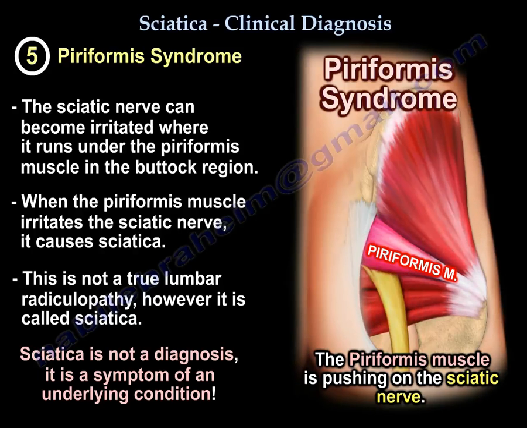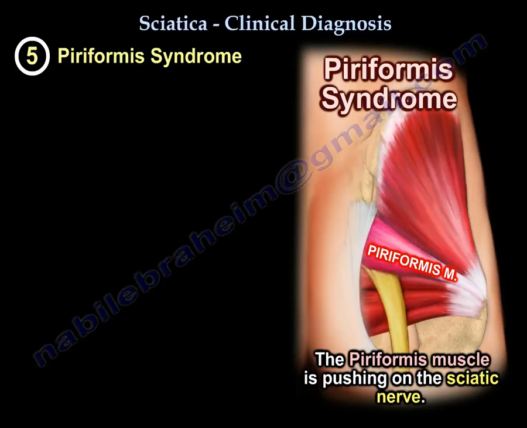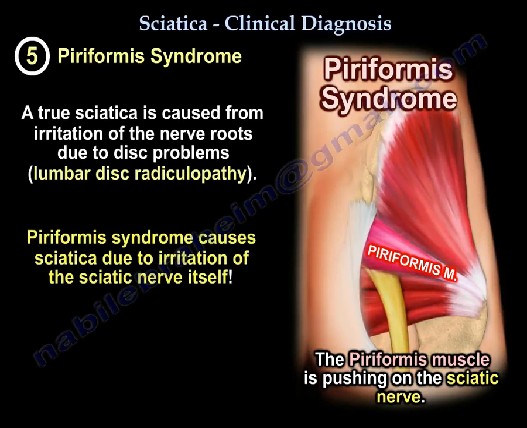It is a symptom of an underlying condition. A true sciatica from irritation of the nerve roots by disc problems is called lumbar radiculopathy or true sciatica or disc herniation. Piriformis syndrome will cause sciatica due to irritation of the sciatic nerve itself.